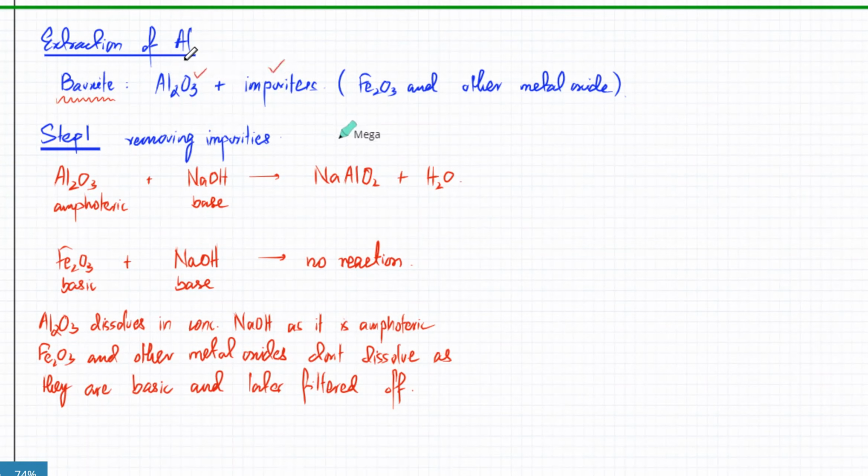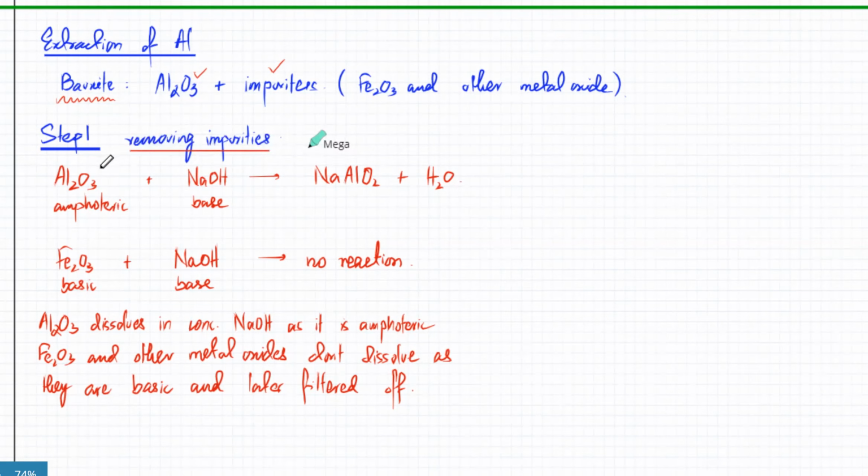The impurities are in the form of these other metal oxides. So it's not just aluminium oxide. Now, that's step one: you've got to remove the impurities first. You have to get rid of the Fe2O3 and the other metal oxides.